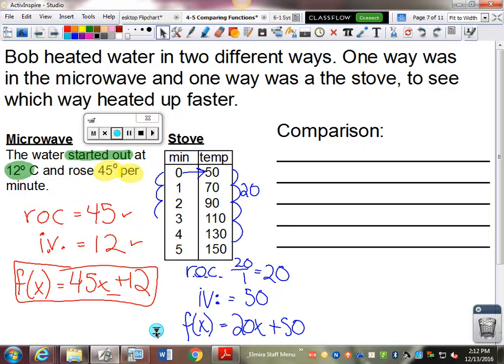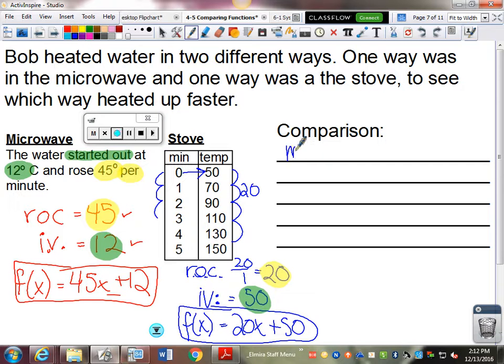Here's a solid example where we compare rates of change and initial values. The rate of change here is 45 and here is 20. So clearly the microwave heats up faster than the stove. But the microwave water started colder than the stove water.